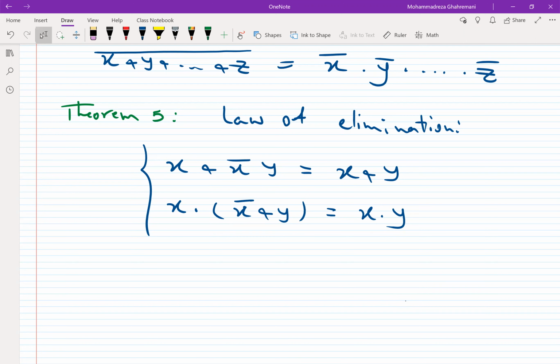Now I will tell you about the precedence of operations. So if we have a function including AND, OR, and NOT gate, which of them should be performed first? So it's simple.